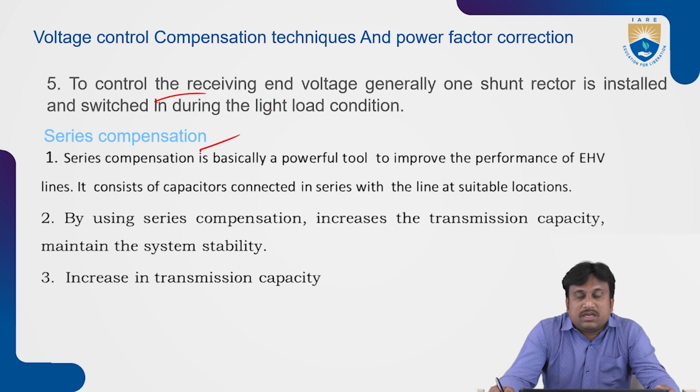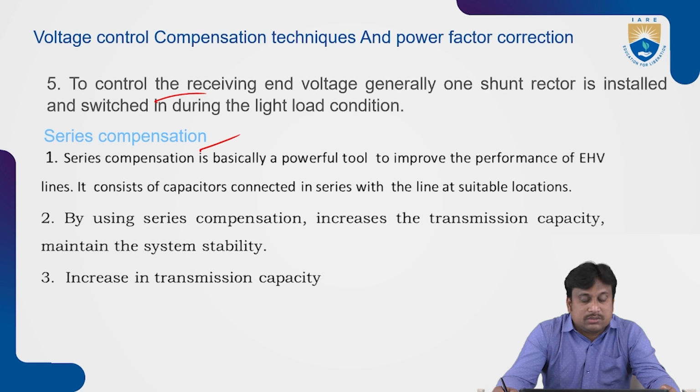This is basically a powerful method to improve the performance of extra high voltage lines. It contains capacitors connected in series with the line at suitable locations. By using series compensation, it increases the transmission capacity and usually maintains system stability.